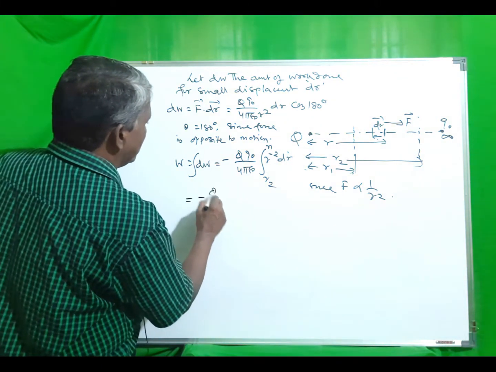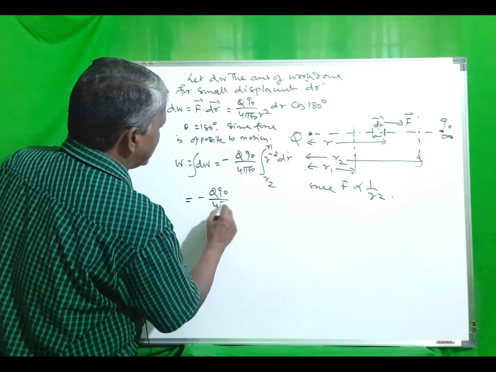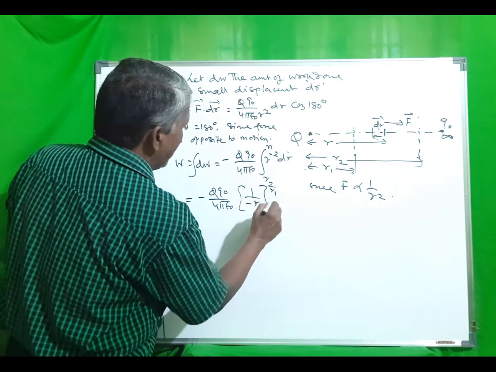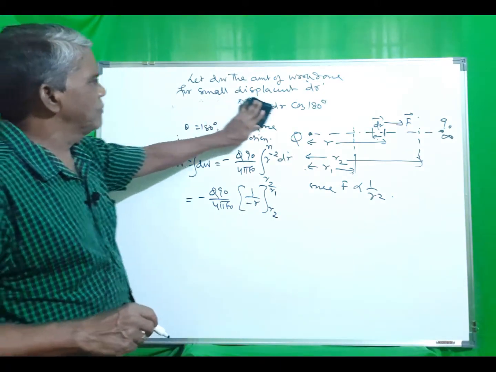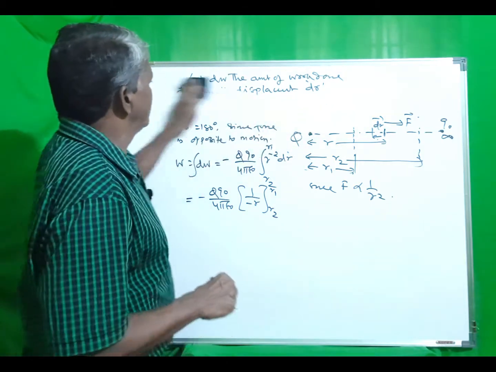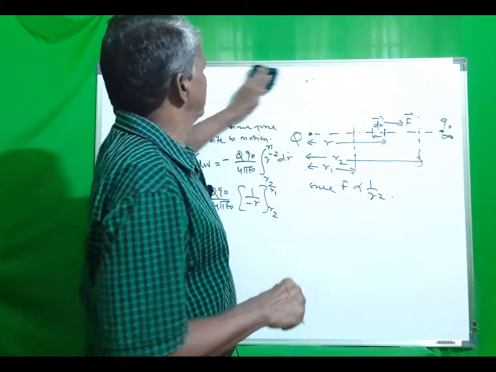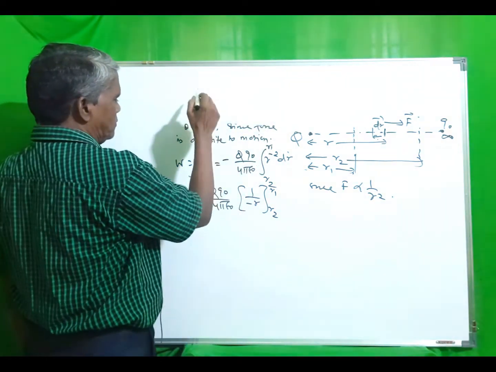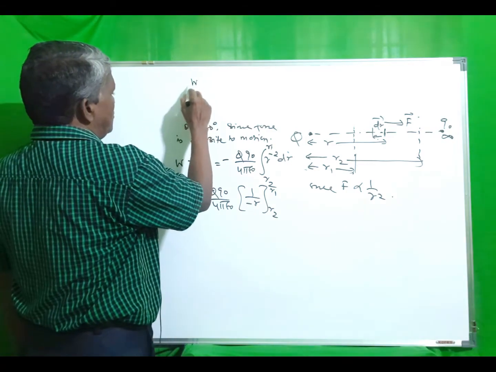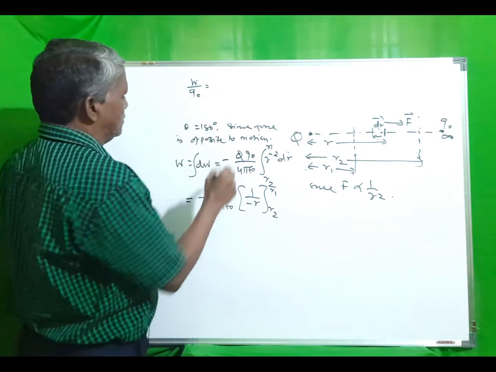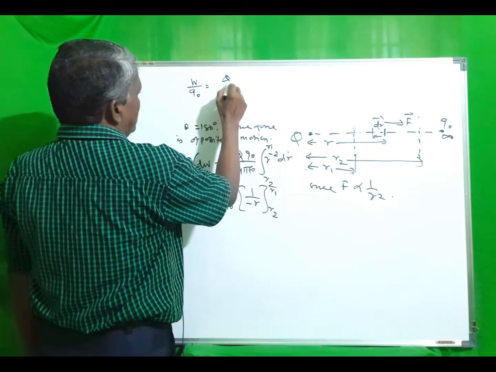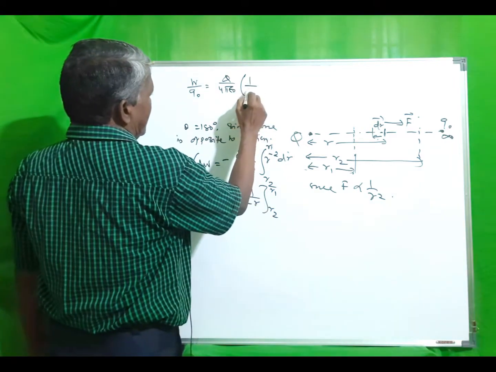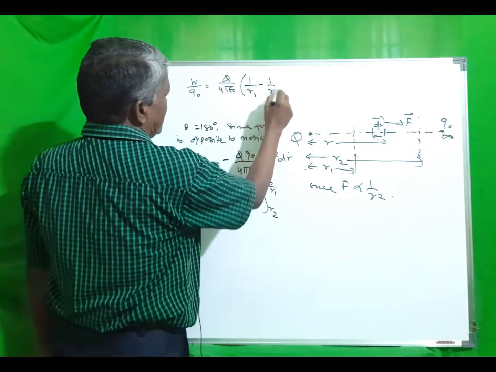This is equal to Q q naught by 4 pi epsilon 0, 1 by minus r, R2 to R1. Or W by q naught is equal to Q by 4 pi epsilon 0 into 1 by r1 minus 1 by r2.